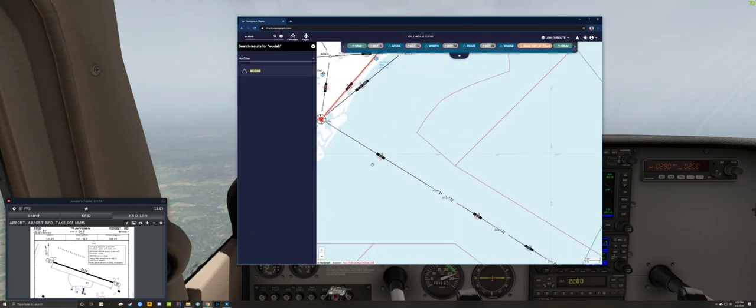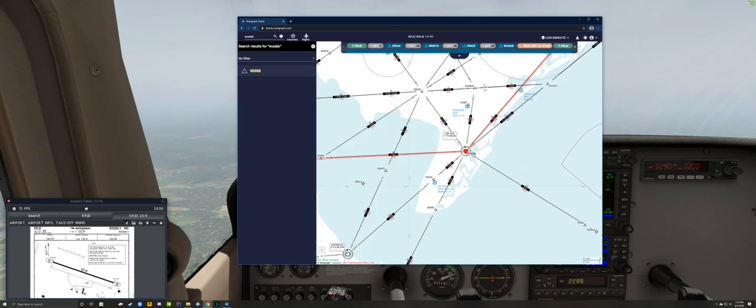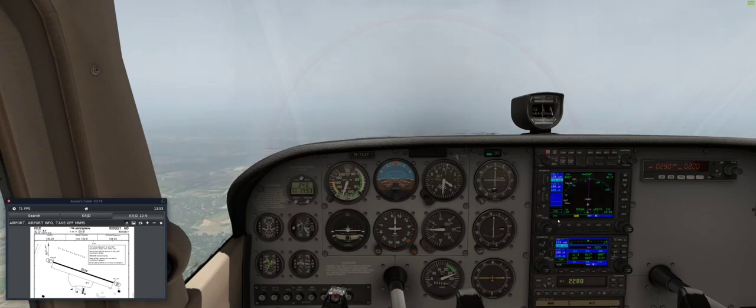We know there is because I said earlier that this waypoint was also a VOR, 114.80.